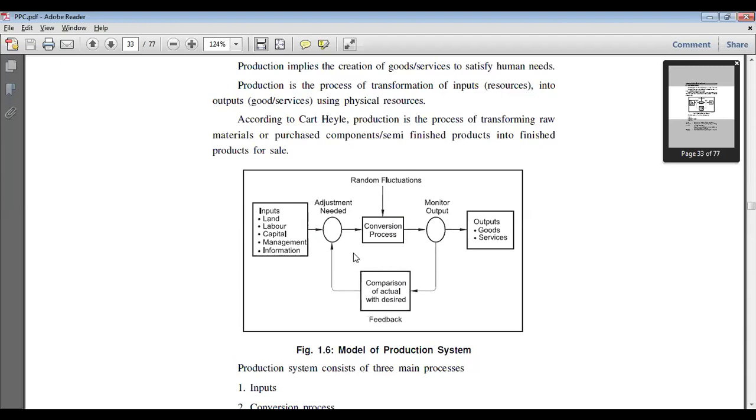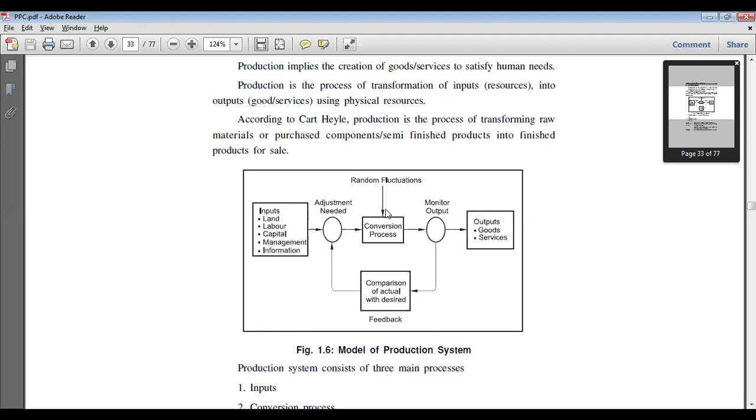Before the conversion process, we have two buffers. One is adjustment needed, and the other is monitor output. Depending upon the conversion process, we will send a signal from the output monitor to the adjustment needed. So this is the basic idea of the whole model of the production system.